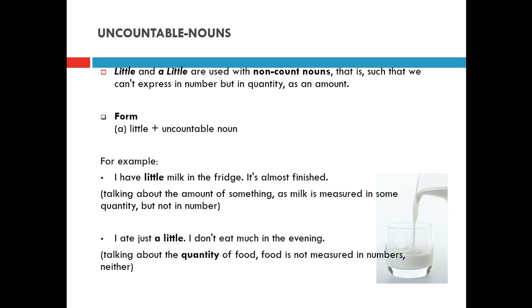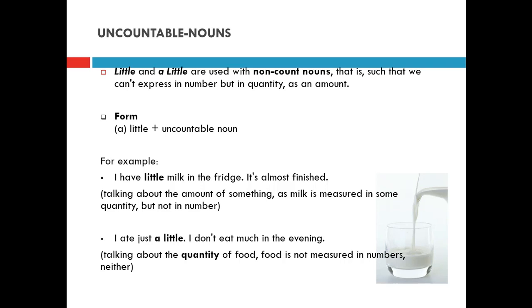But again, here I'd like to talk about little and a little. Okay. Little and a little are unspecified quantifiers. Unspecified means that we do not have a clear amount or number of what we are talking about. But little and a little always go with uncountable nouns. Okay. There is a slight difference between little and a little.